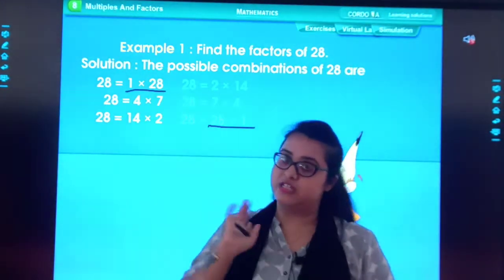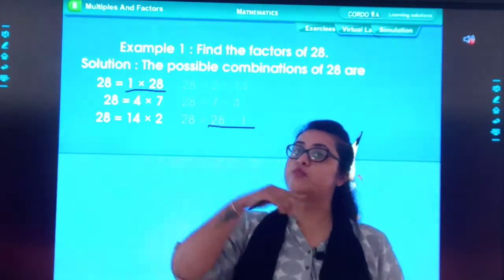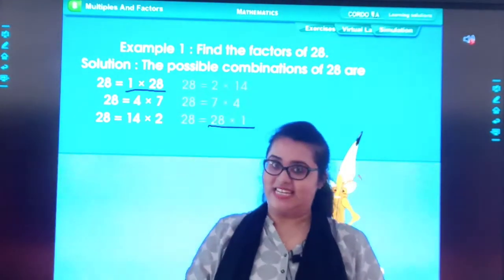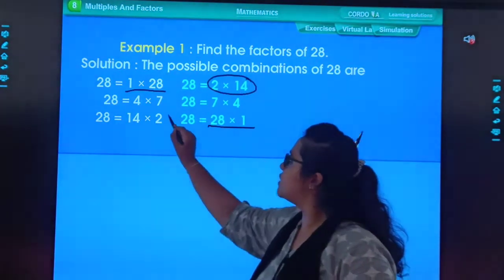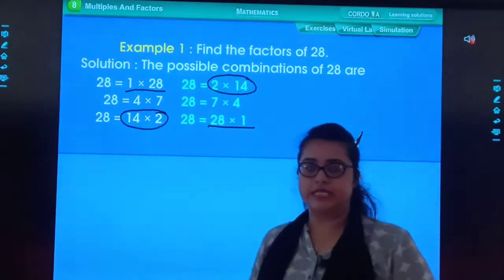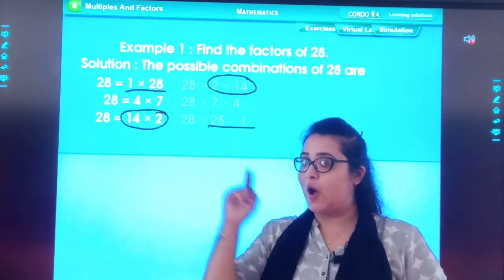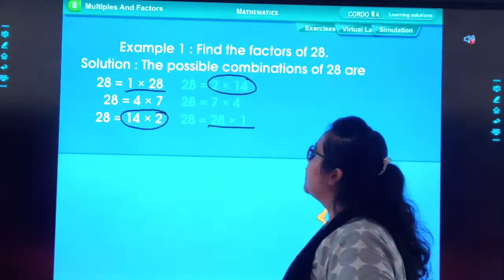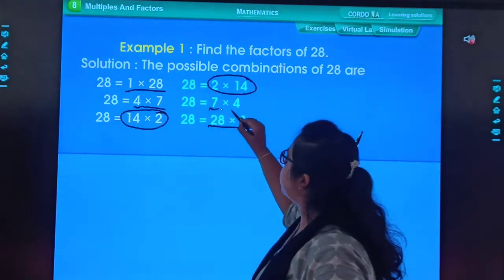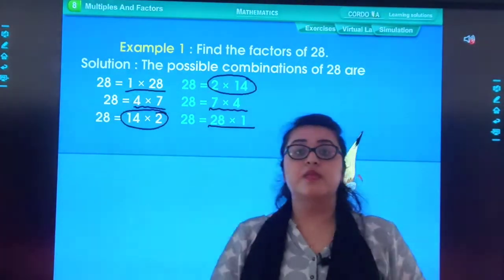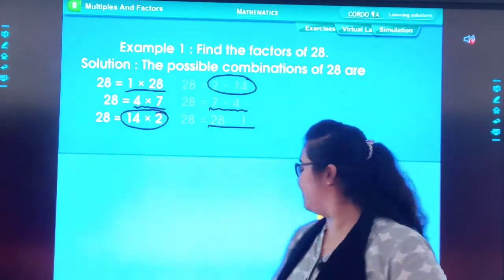Reverse is also possible. आपको एक आ जाता तो आप उसका रिवर्स करके दूसरा फैक्टर भी फाइंड कर सकते हैं. In this 2 14s are 28, 14 2s are 28. Okay, you saw how reverse is possible. Now 4 7s are 28, 7 4s are 28. The reverse is also possible.